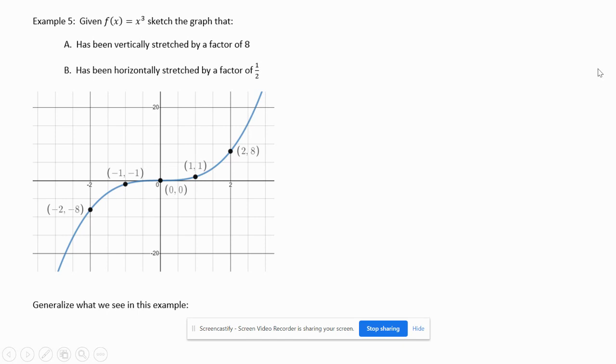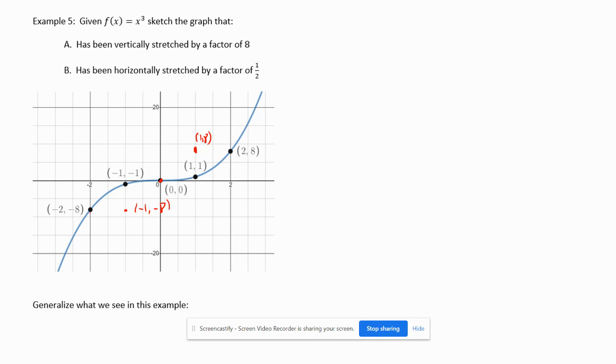Example 5, given f of x equals x cubed, sketch the graph that has been vertically stretched by a factor of 8. So this point 2, 8 can come way up over here, probably off the screen, to like 64 over here. 1, 1 is going to come to 1, 8. Let's put this here. And then 0, 0 is going to be invariant. Negative 1 is going to become negative 1, negative 8, which will be here.